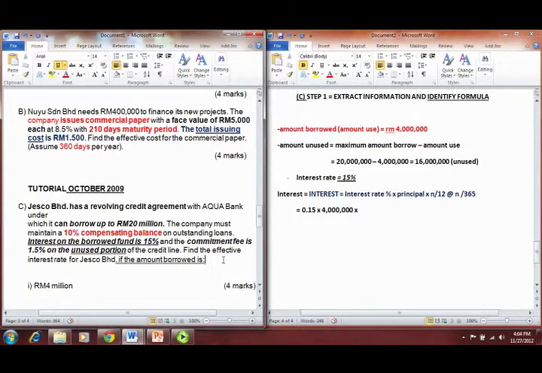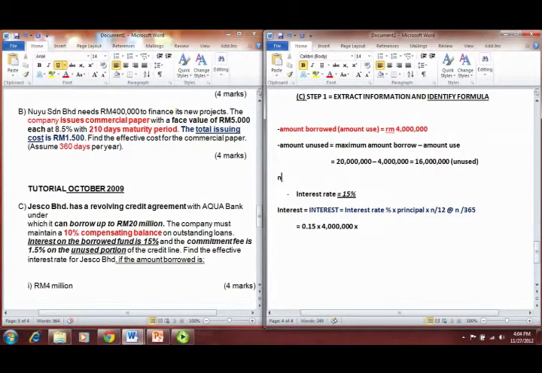If the question did not give you any period of your short-term financing, you need to assume your N is only 12 months. Don't forget, it is short-term financing, so your maximum period is only 12 months. If the question did not give you any time period, you assume it is 12 months. So 12 over 12.